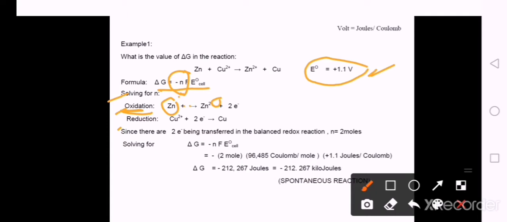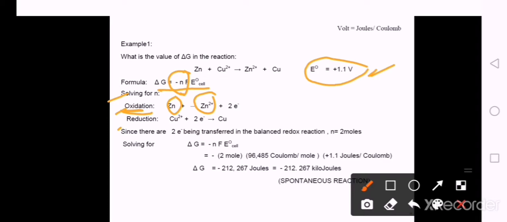Walang plus dyan sa zinc na reactant. Okay, so from 0, no charge, we had from 0 to positive 2. So there's an increase in oxidation number. So this is a loss of electrons.